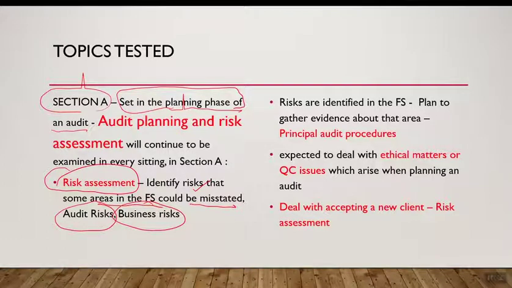And obviously, if there are risks identified in the financial statements, you may need to plan to gather evidence about that area. So you may be asked, what kind of principal audit procedures would you plan to do so that you can reduce that particular risks relating to that area in the financial statements?